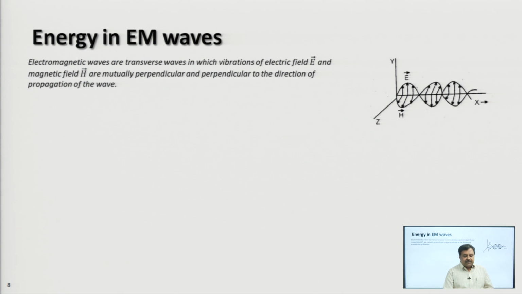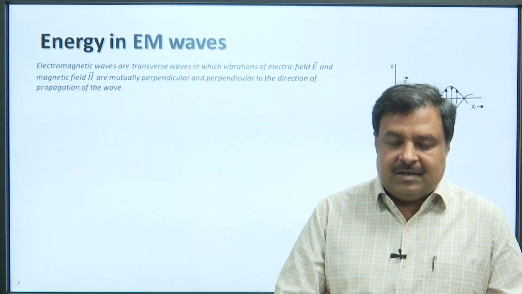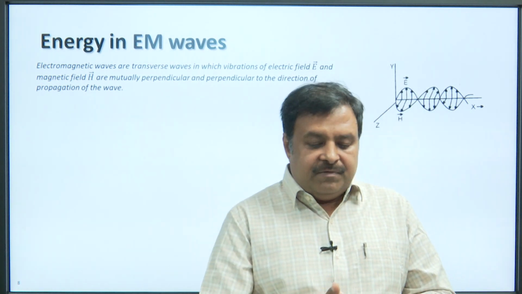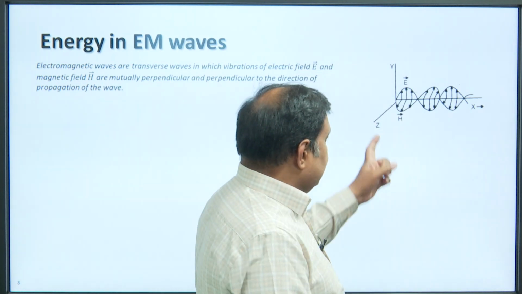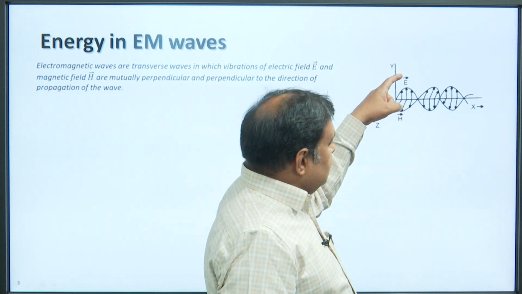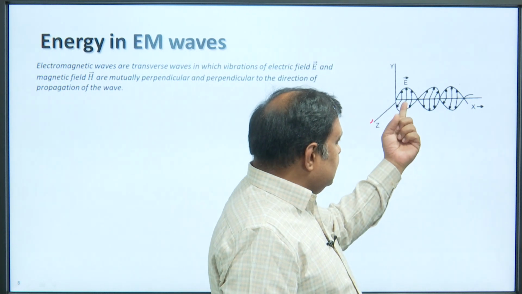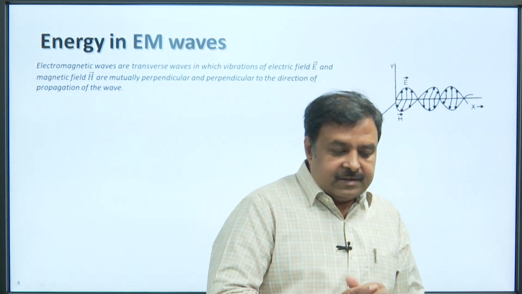Electromagnetic waves are transverse waves in which vibrations of electric field E and magnetic field H are mutually perpendicular and perpendicular to the direction of propagation of the wave. For example, if a wave is propagating along x axis, then electric field vector vibrates along y axis and magnetic field vector is along z axis.